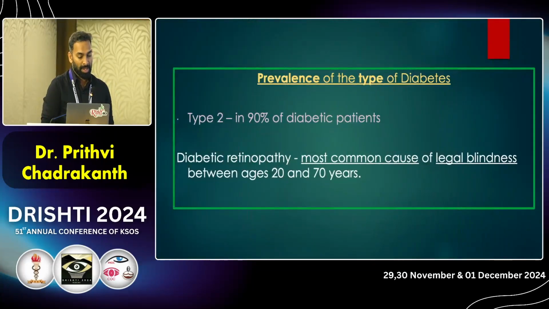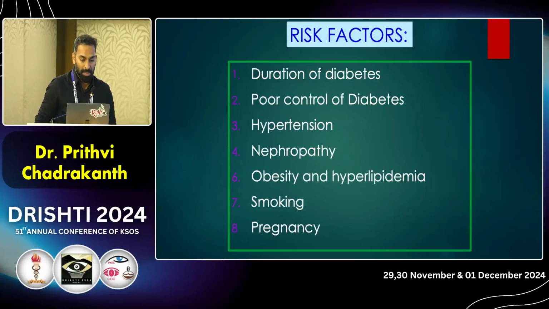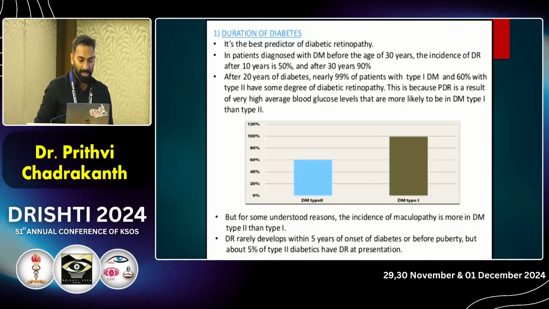The prevalence, as you can see, of type 2 is almost 90% of diabetic patients, and it is the most common cause of legal blindness between ages of 20 and 70 years. The risk factors that we need to know are the duration of diabetes, poor control of diabetes, hypertension, nephropathy, obesity and hyperlipidemia, smoking and pregnancy.